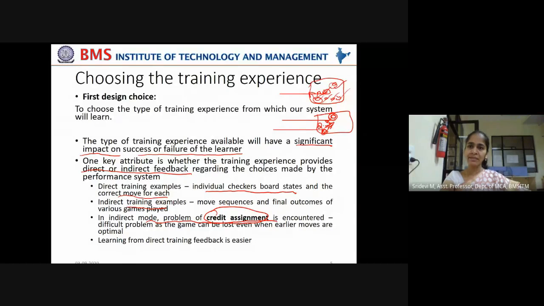In that case, for this particular move, you're giving a lower credit, meaning you're blaming that move. You're blaming it because by taking this particular move, the outcome of the game is failure. It failed to win the game. It lost the game. So by taking a particular move, if the end result is losing the game, then you give the blame to that move, or you give a negative point or a negative weight to that move.